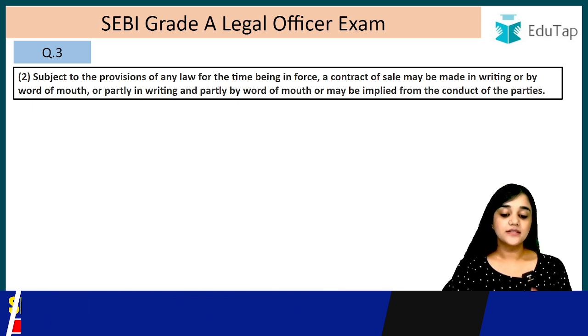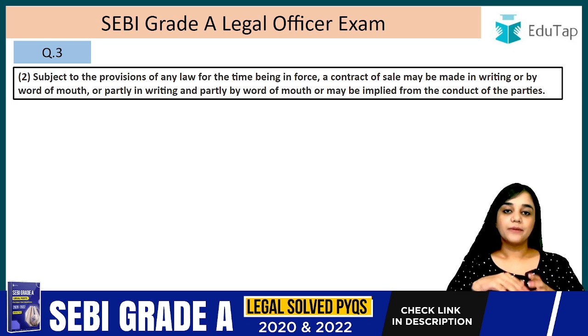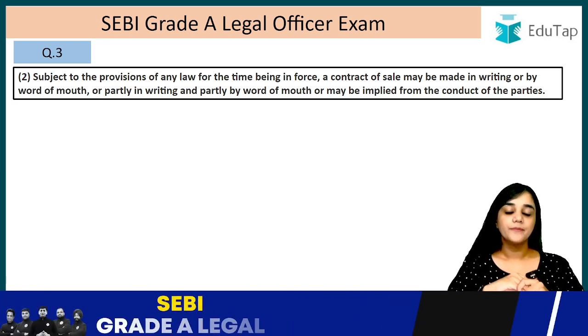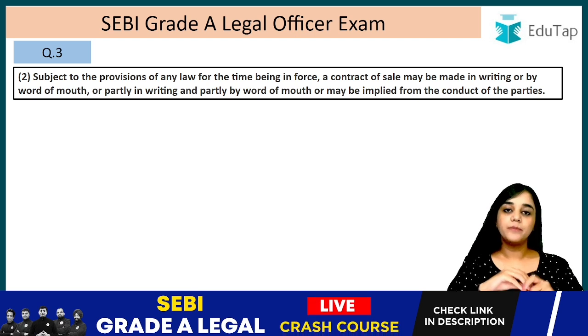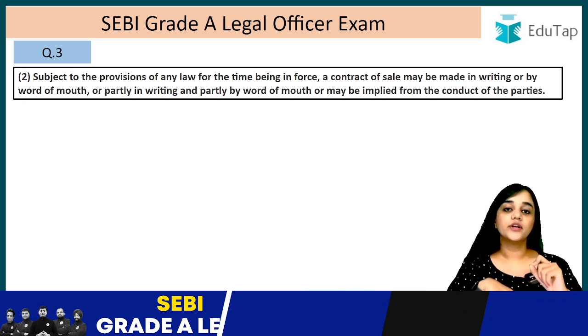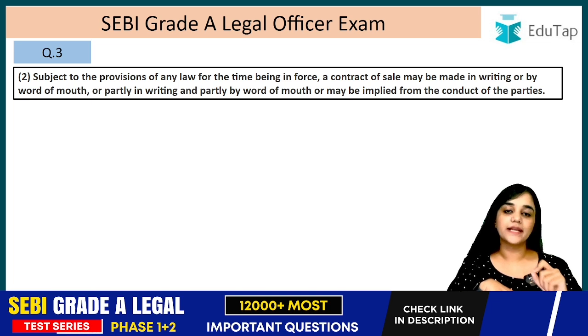But it says that it is subject to the provisions of the law. So what does this mean? If, for example, in any law it is given that a sale of sugar can only be made by a written contract, and this is just an example, right? So in that case, whenever a contract has to be formed for the sale of sugar, it has to be in writing.